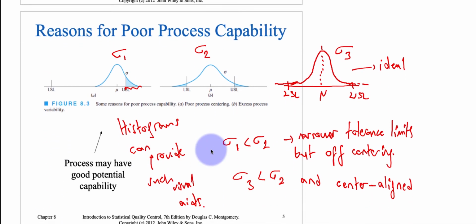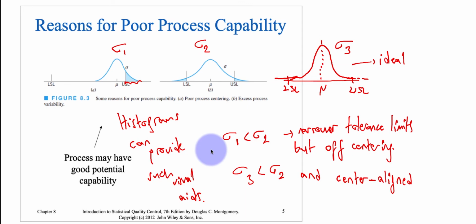And what is poor process capability then? How can we determine a process capability as poor or bad? There are some reasons for that. For example, in the second figure, the middle figure here, let's suppose that the variance, the standard deviation value in the middle process is much more than the first one and the third one.